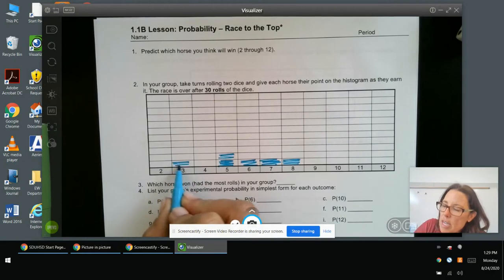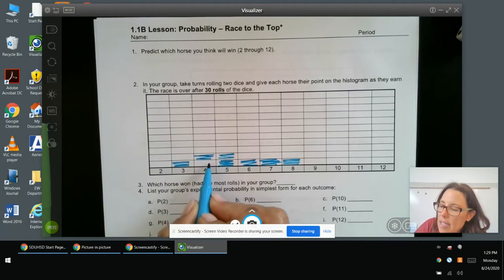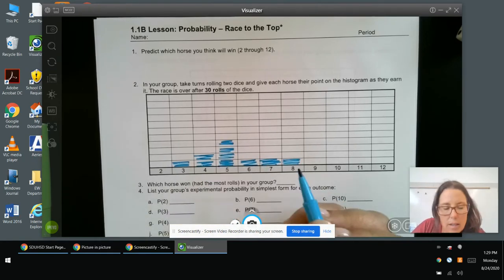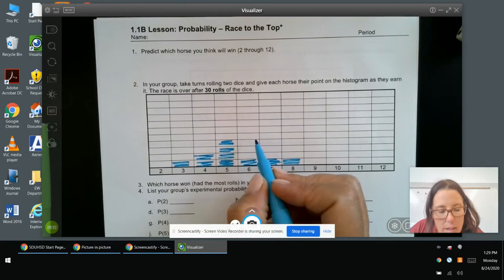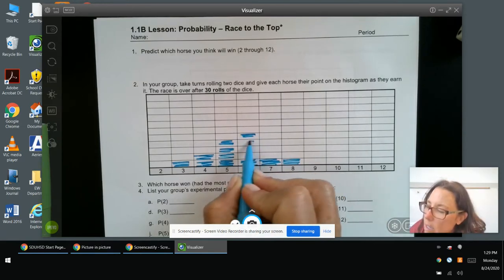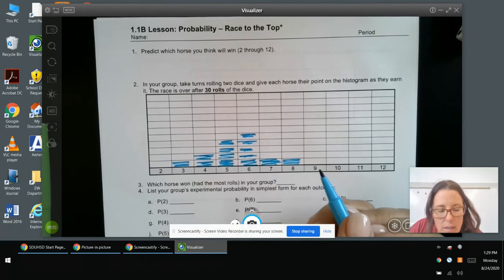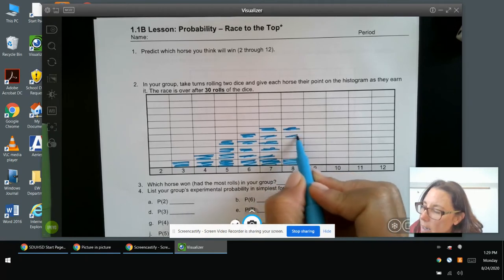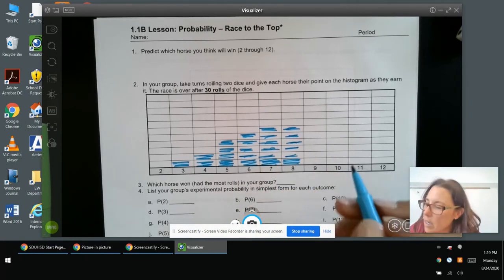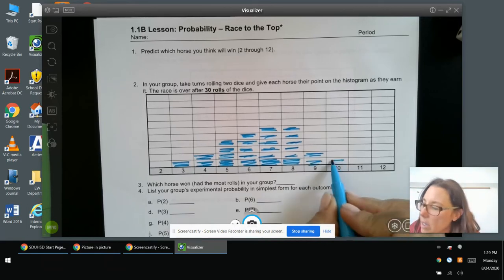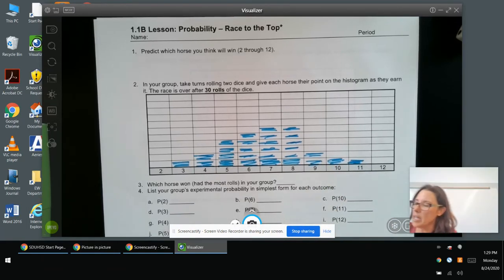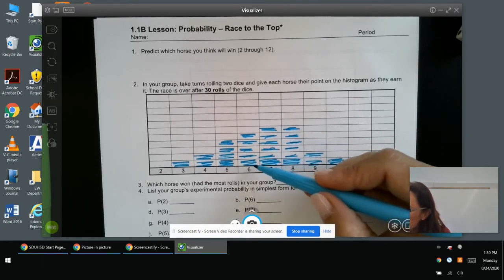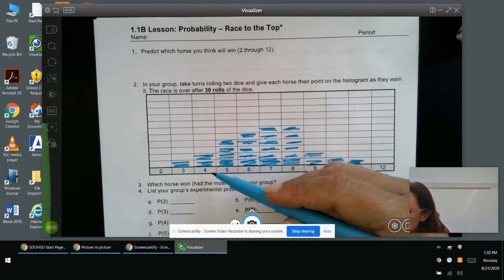Now, I'm going to just take my data that I had last time I did this. Okay, let me make sure that's 30. 1, 2, 3, 4, 5, 6, 7, 8, 9, 10, 11, 12, 13, 14, 15, 16, 20, 21, 22, 23, 24, 25, 26, 27, 28.